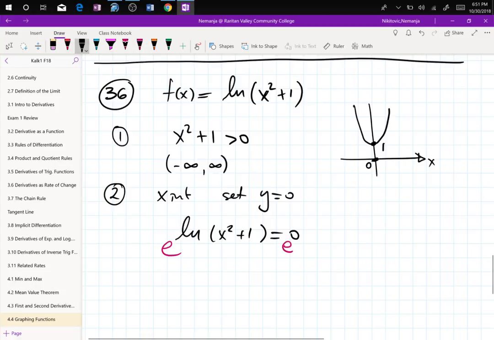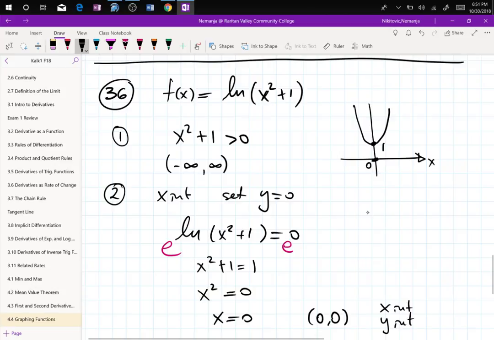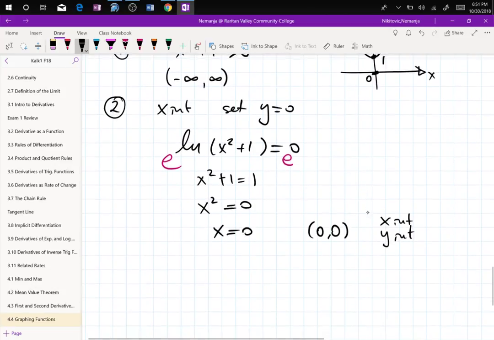When you e both sides, you get x squared plus 1 is equal to 1. X squared equal to 0. X equals 0. So here is our 0, 0. And that's also at the same time the x-intercept and y-intercept because it's 0, 0.